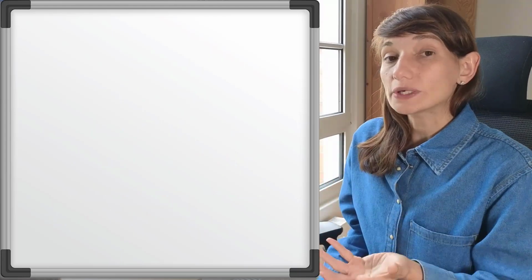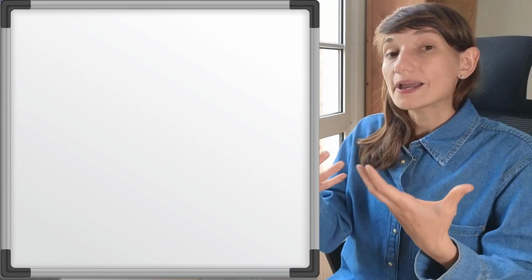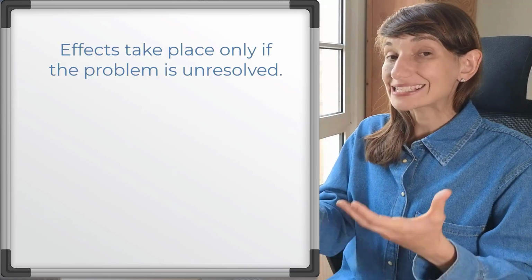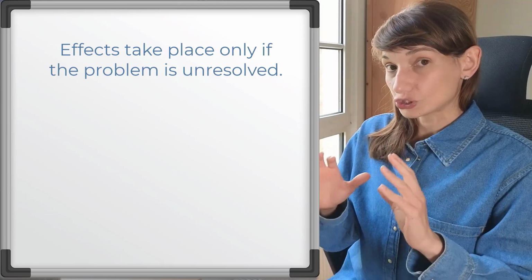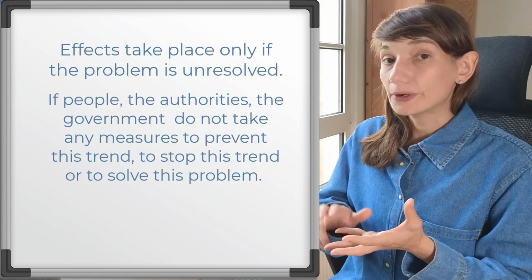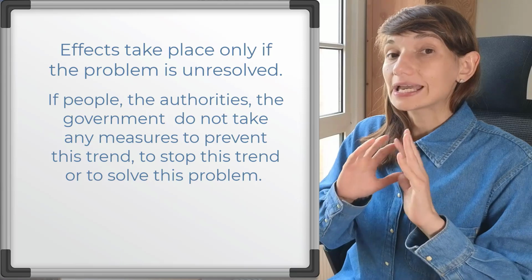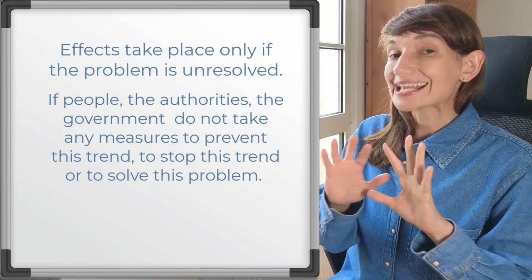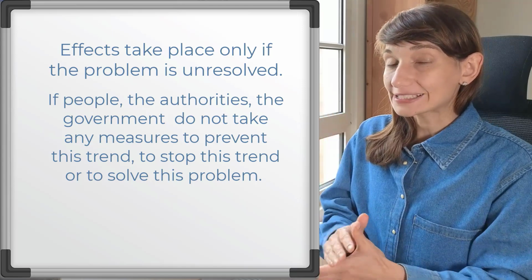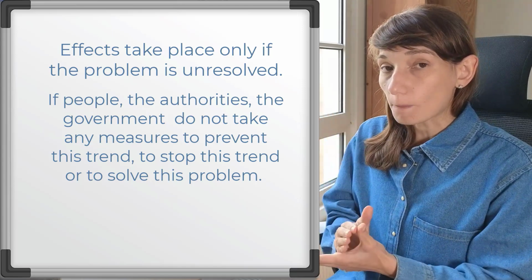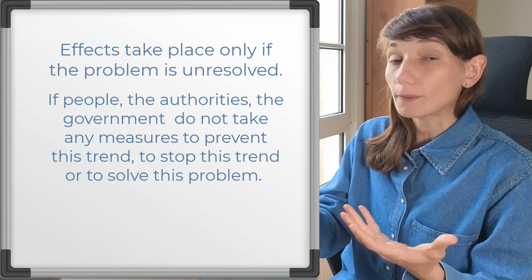And of course, if we are talking about the effects of a problem, effects take place only if the problem is unresolved. So if people, the authorities, the government don't take any measures to prevent this trend, to stop this trend, or to solve the problem.